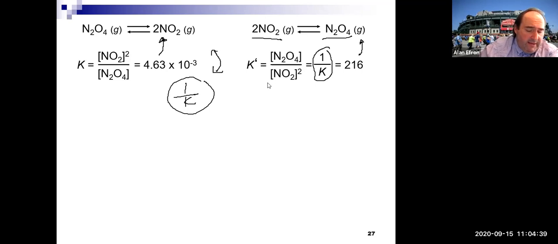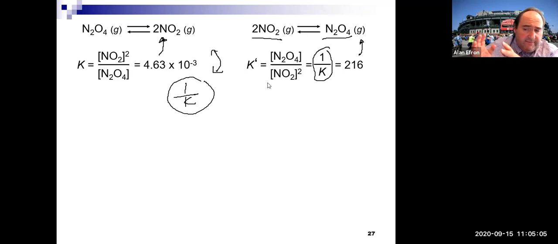So a K value that you see is specific for that reaction the way it's written, and also the temperature. If I said the K value is 4.63 times 10 to the minus 3, I am speaking exactly about how the reaction on the left is written at that temperature. I am not speaking about the reaction on the right, because for the reaction on the right, the K value is actually 216.